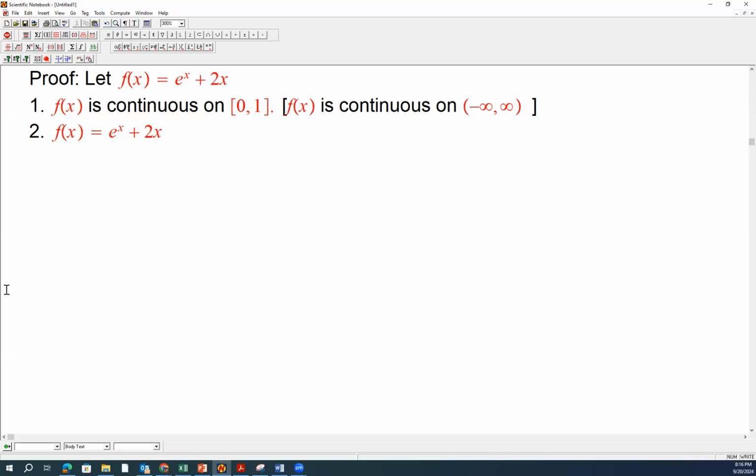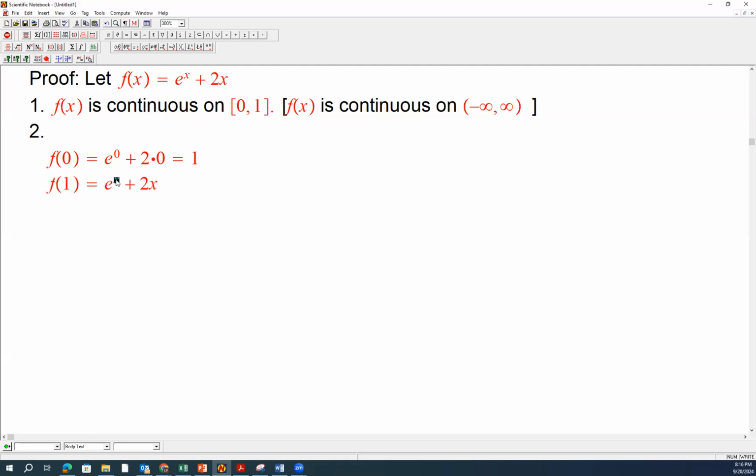Okay. So we haven't shown yet, we're going to show f of 0. And f of 0 is e to the power 0 plus 2 times 0, which equals 1. And then I'm going to plug in f of 1.